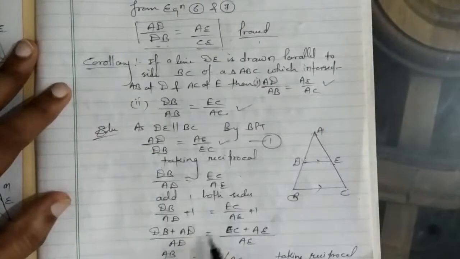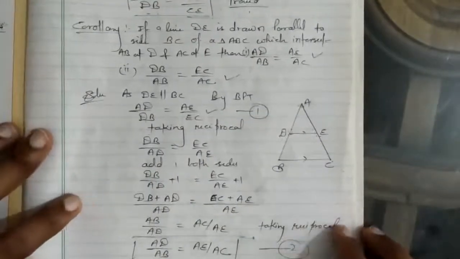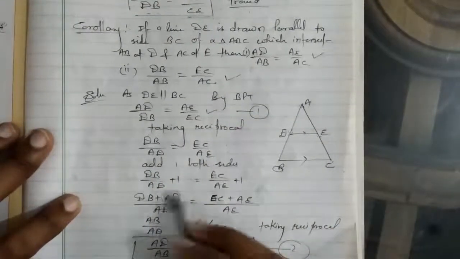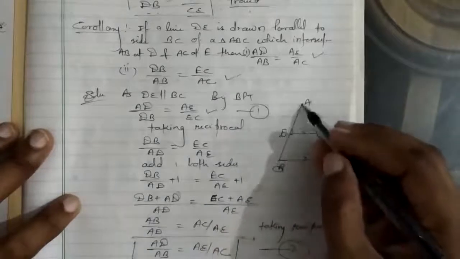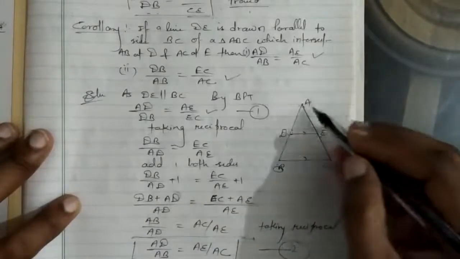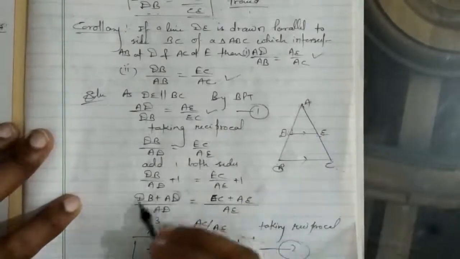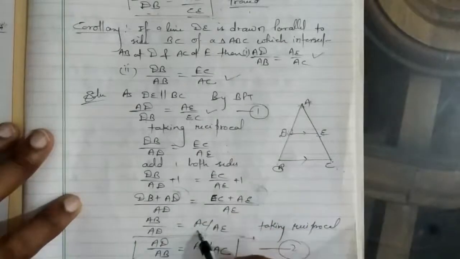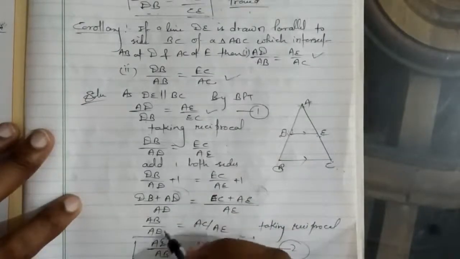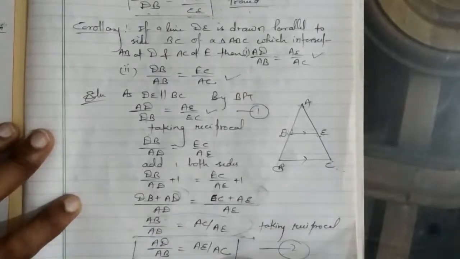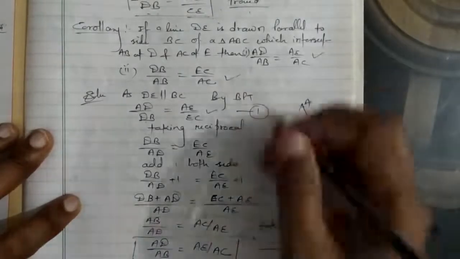Take LCM: DB plus AD upon AD, and EC plus AE upon AE. DB plus AD is AB and EC plus AE is AC. So in place of this you get AB and in place of this you get AC from the figure. Now take the reciprocal of this equation: AD upon AB equal to AE upon AC. This is your first proof.